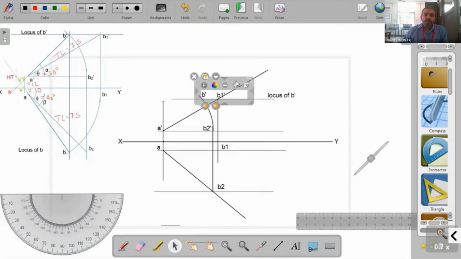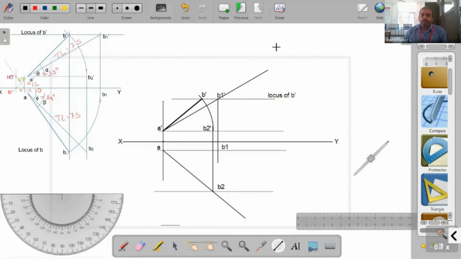See in the base figure, from B2 dash with the center as A dash, if we draw an arc, when that arc intersects with the locus of B dash, we obtain the point B dash. So here is the point B dash. Now join A dash with B dash. So this is our front view, A dash B dash.